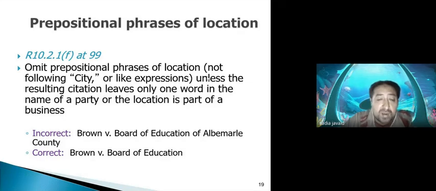What is incorrect? Brown versus Board of Education of Albemarle County. You just write Brown versus Board of Education. There is no need to mention the county name or anything like that.